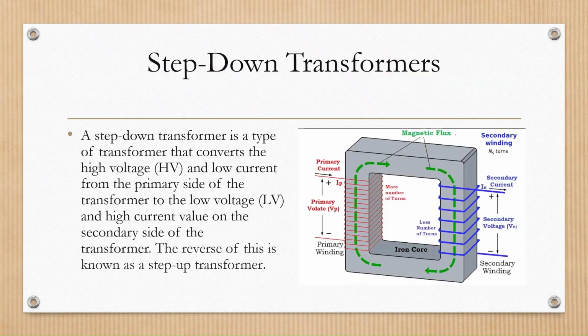A step-down transformer is a type of transformer that converts the high voltage (HV) and low current from the primary side of the transformer to the low voltage (LV) and high current value on the secondary side of the transformer. The reverse of this is known as a step-up transformer.